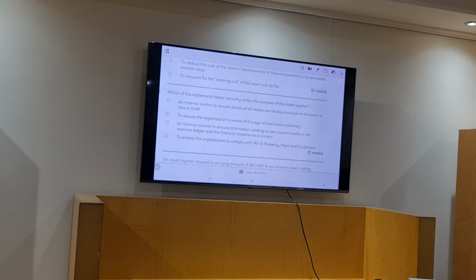This one, 7.2 is 4. Asset register. Do all of you know what an asset register is?